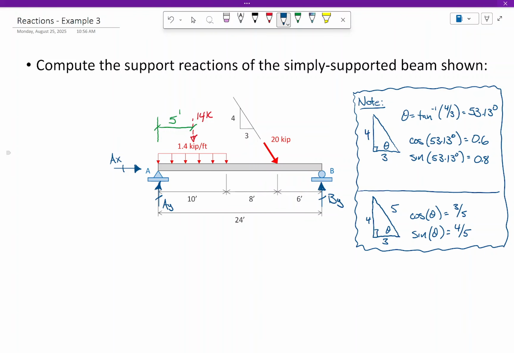Isn't that so much easier? So what I'm getting at is we can just avoid the usage of the trig altogether by just using the slope ratio. I mean, we're doing the trig, but we're not using the trig function. Notice how you needed a calculator this way. You didn't need a calculator this way.